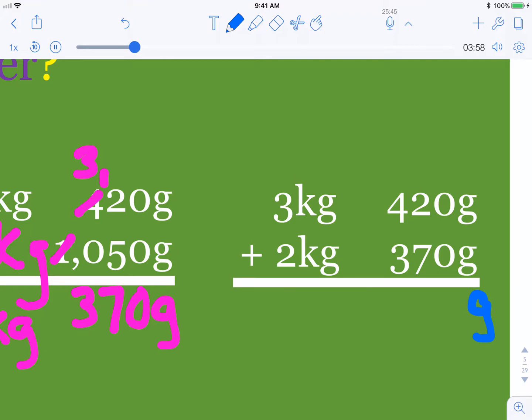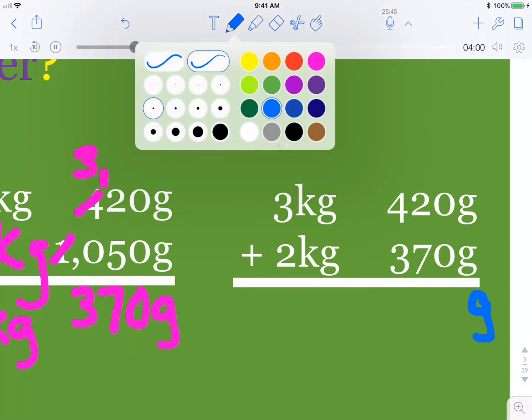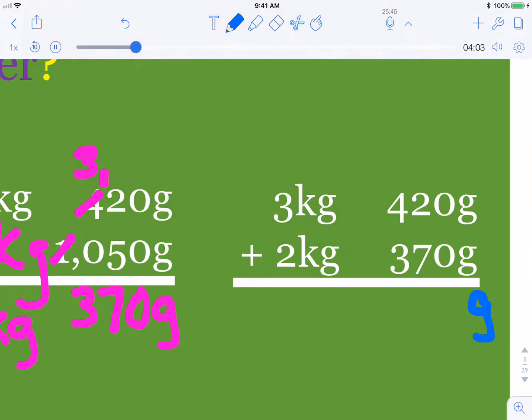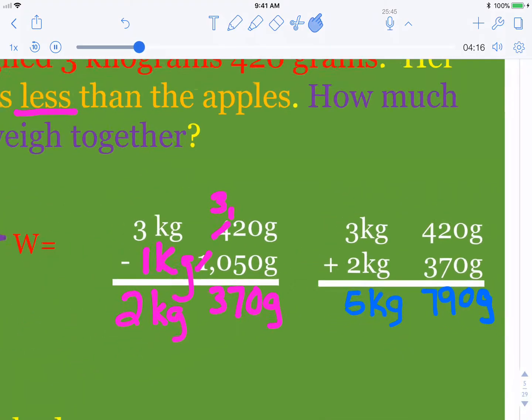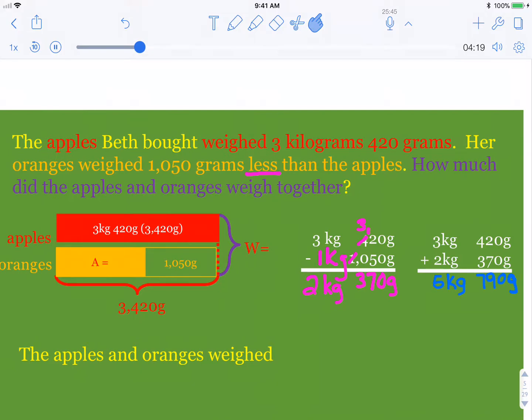So we add those together and we end up with 0 plus 0 is 0. 7 plus 2 is 9. 4 plus 3 is 7. Put your kilograms in there, and 3 plus 2 is 5. So the apples and oranges weighed 5 kilograms, 790 grams. Okay, that should be your answer.